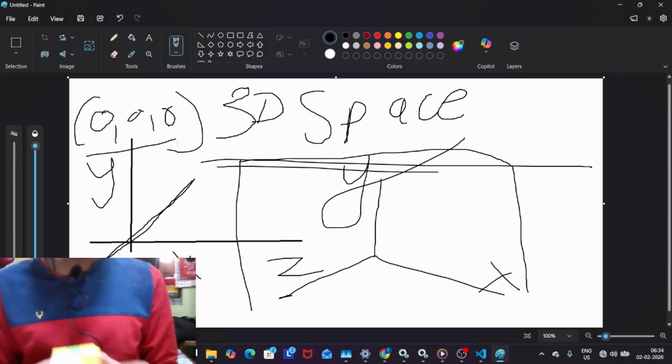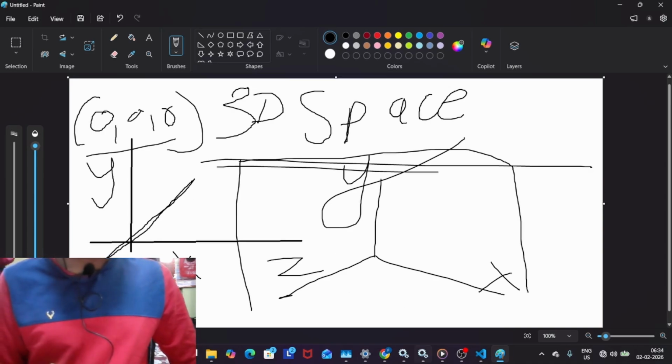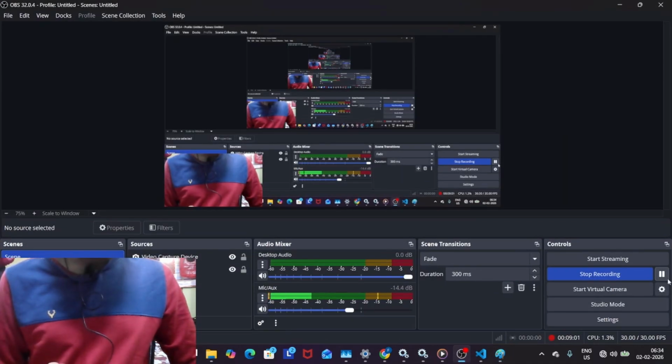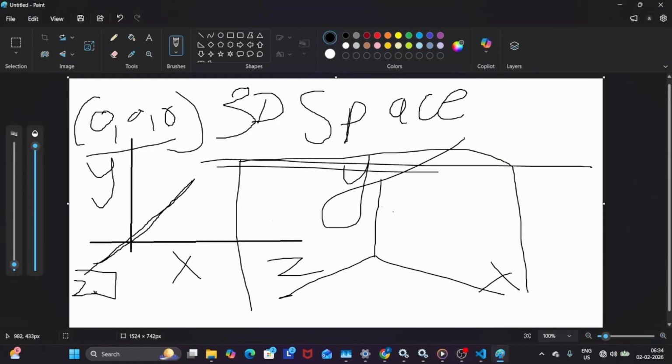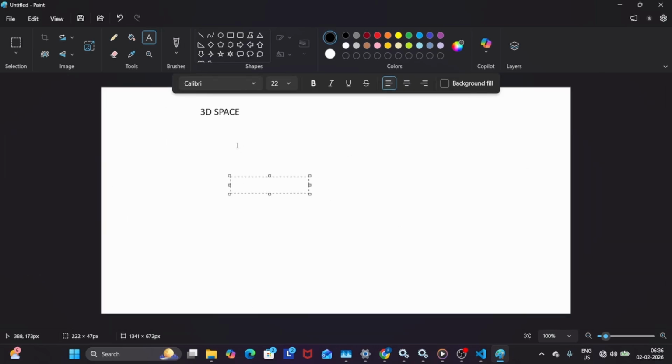Now let's go to our screen. I am on my screen now, and we know what an axis is. You have understood the 3D space, this is how it works. You just need this much, then we will move to our code.